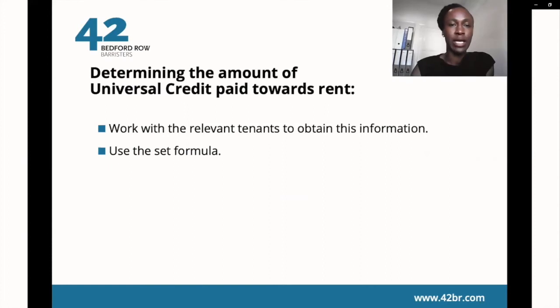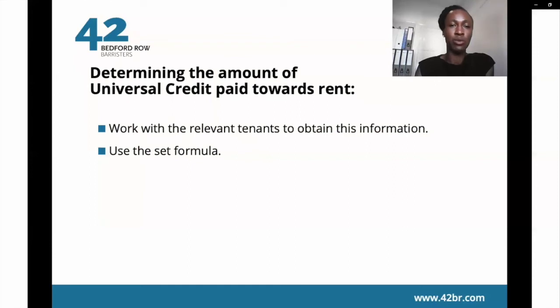What I'll do now is just touch very briefly on determining how much of the universal credit has in fact been paid towards the rent. Obviously you won't have access to the universal credit data, so what you'll need to do is to contact and work with the affected tenants.